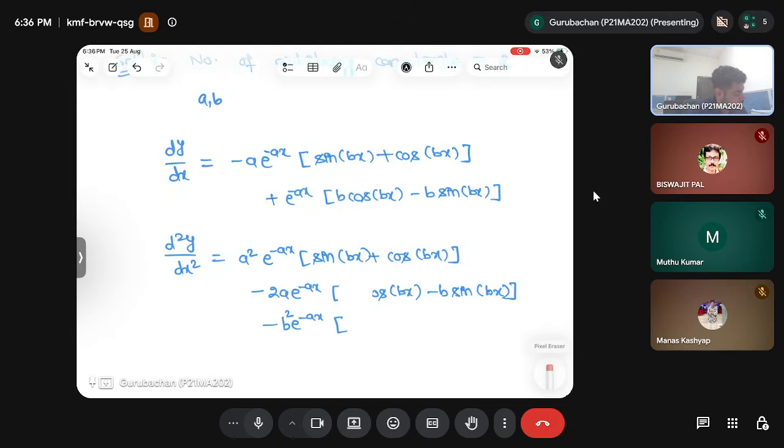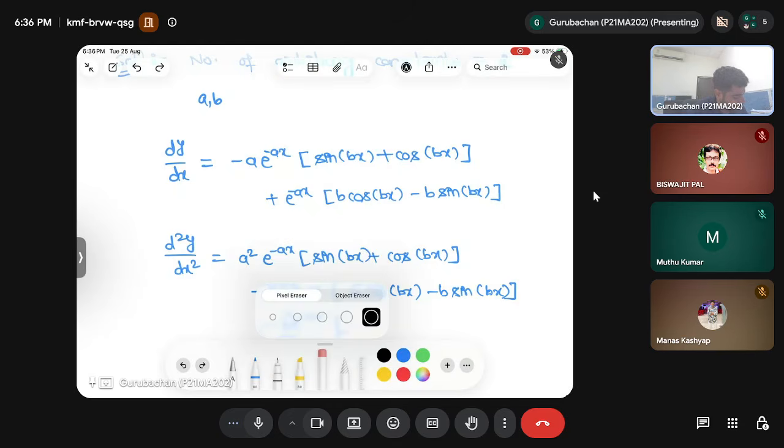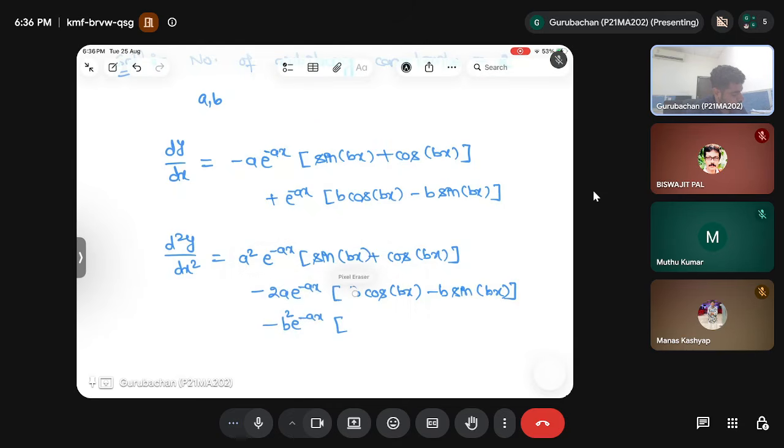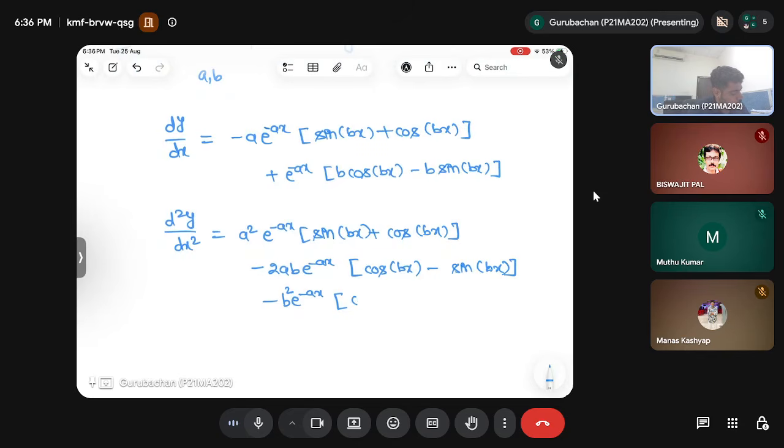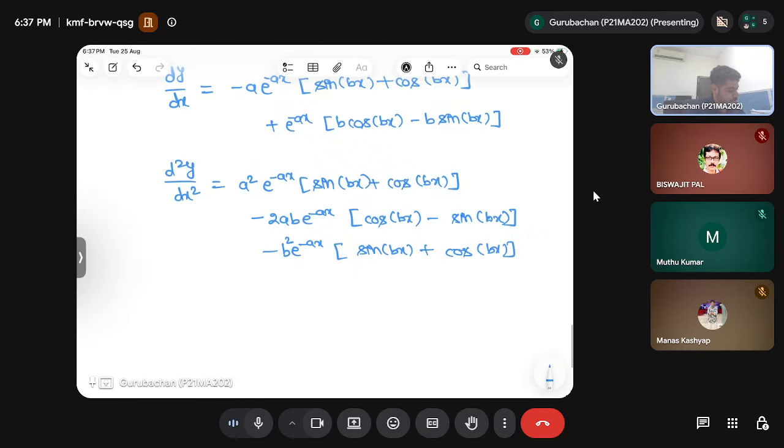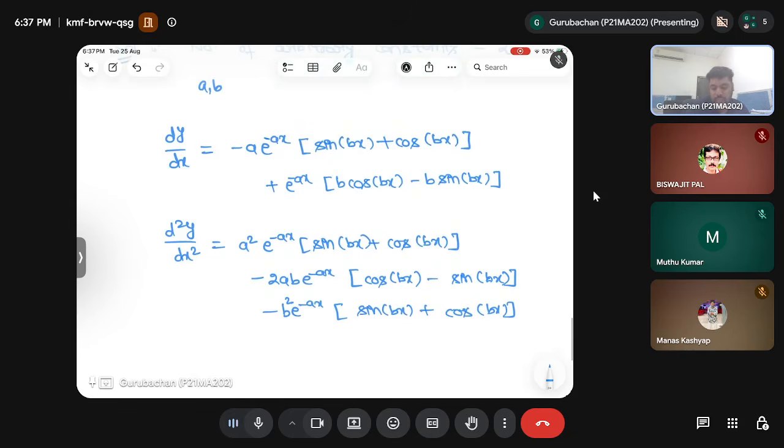And from here you can also write 2ab e to the power minus ax, so this will be cos of bx plus sine of bx. Oh, I wrote it in reverse. This will be sine of bx. Although in addition it will not matter, from the differentiation point of view it will give more clarity. So this will be your 2 times derivative.